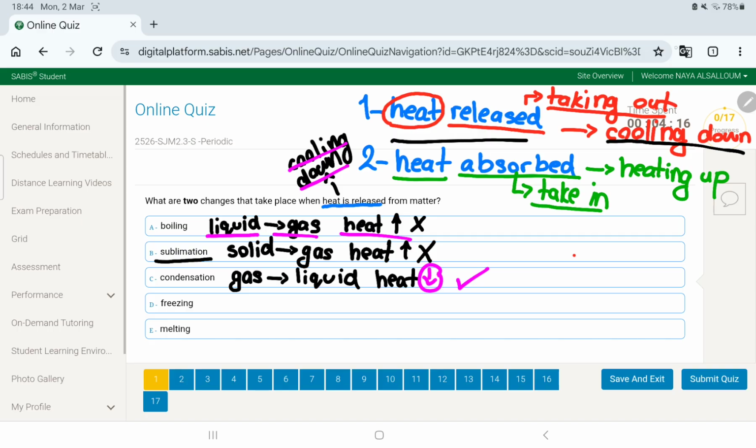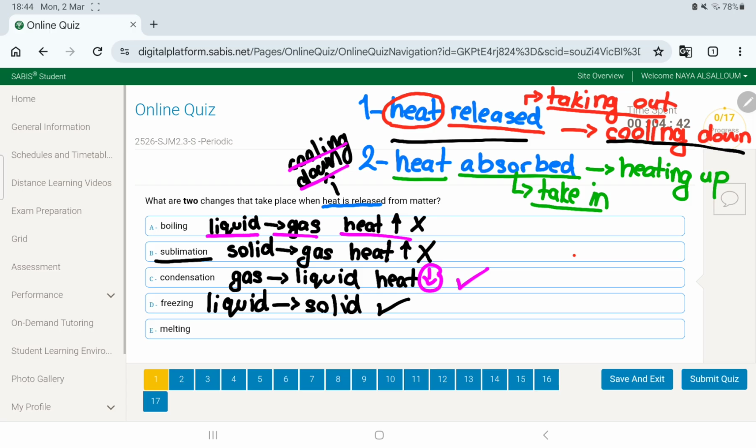Let's see next. Freezing. To freeze something, it changes from a liquid to a solid. And here, this one's really easy. For example, if you put water into a freezer, which is obviously cold, the water cools down and freezes. So obviously, without even thinking about it, the heat is being released.